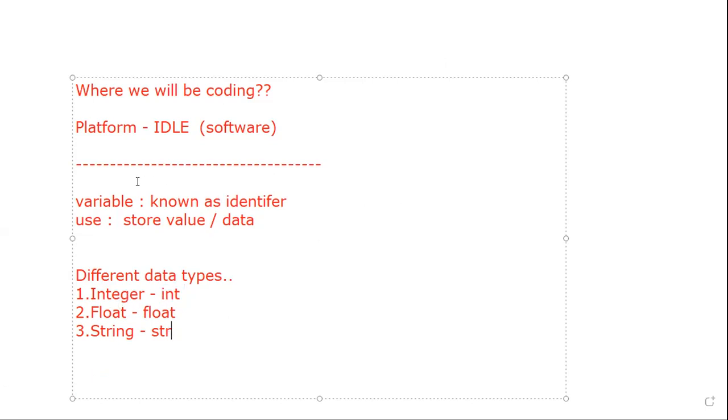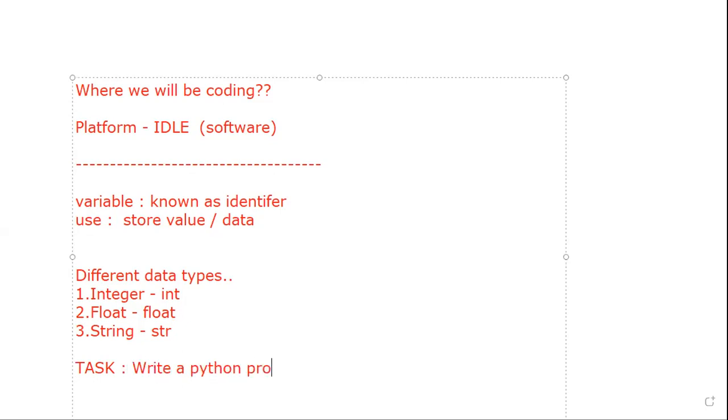Let me tell you again. A variable, which is known as an identifier, is used to store a value, or you can say data. So let's get started. What is today's task? Today's task is to write a Python program to perform arithmetic operations.